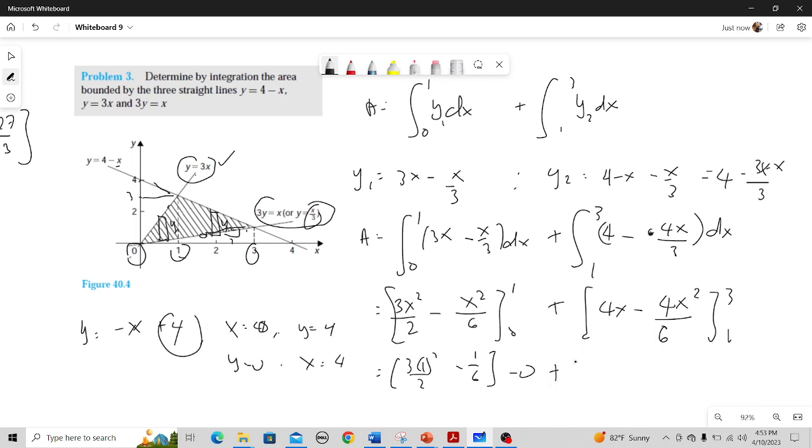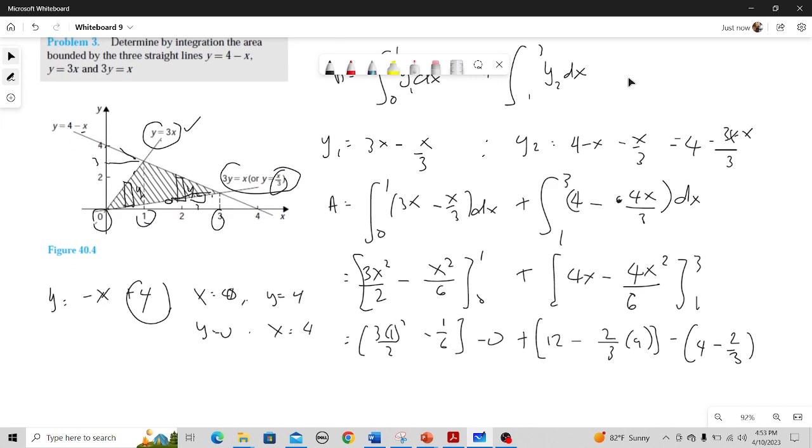And then you have 4 times 3 is 12, minus, this is actually 2/3 times 9, and then minus 4 minus 2/3. So from here you can compute the value of area.